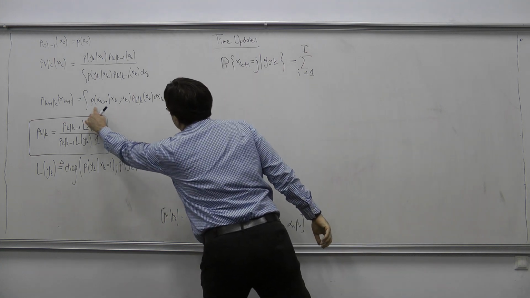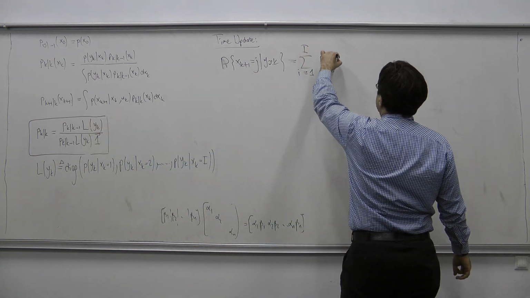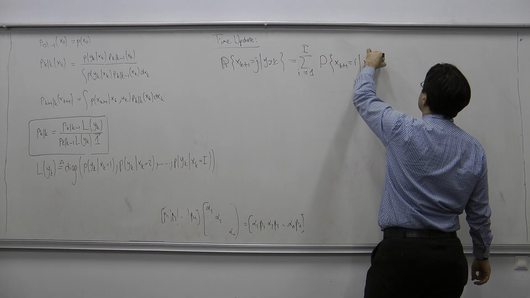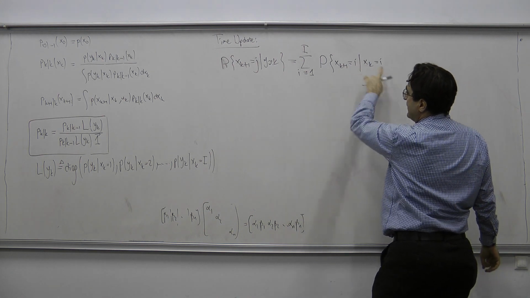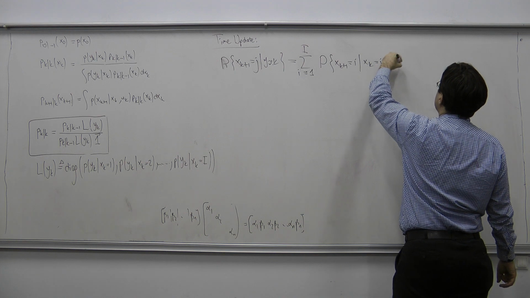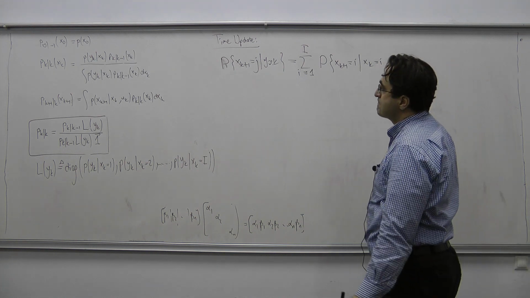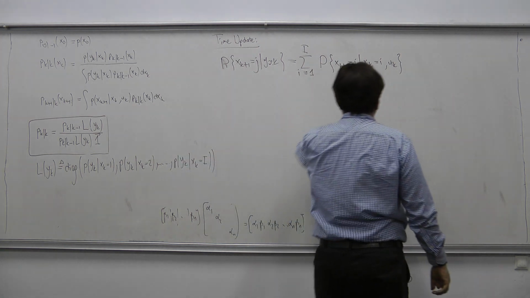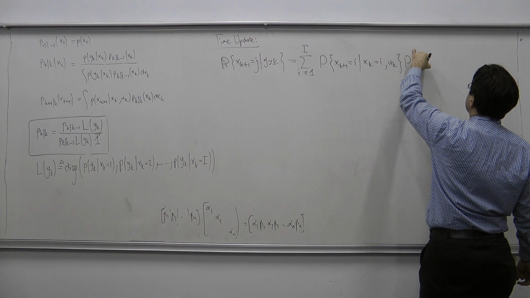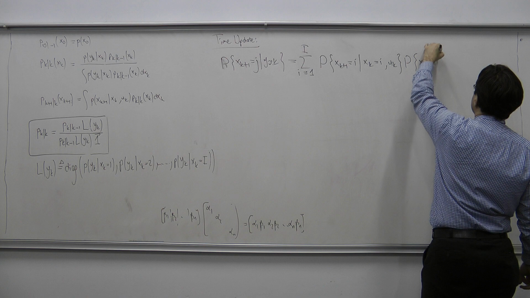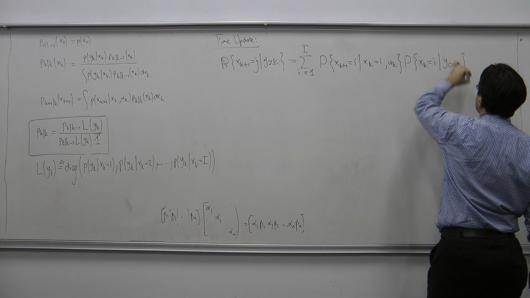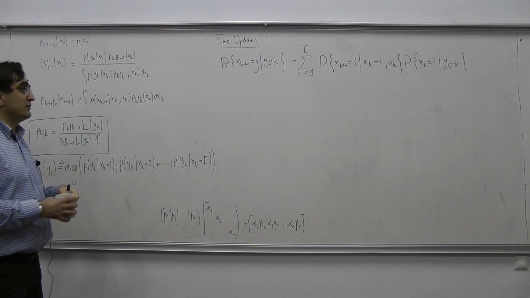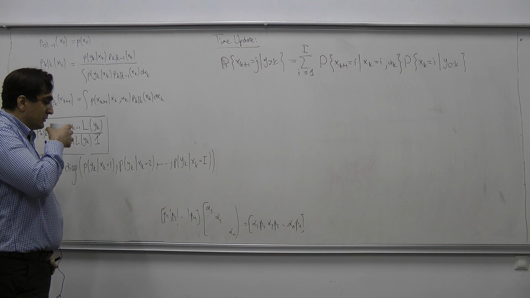So this transition distribution is going to turn into a probability, x_{k+1} is equal to j, given x_k is equal to i, summation is with respect to i, with respect to x_k value, and I would have u_k, okay, times the p_{k|k}, and this is going to be another probability, P(x_k = i | y_{0:k}), okay. So this is the prediction update or time update formula for finite state Markov chains.